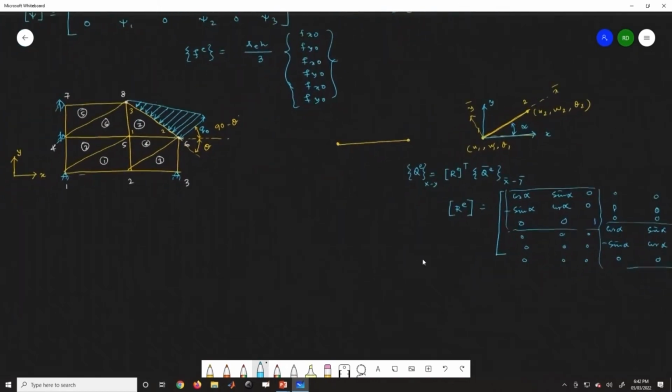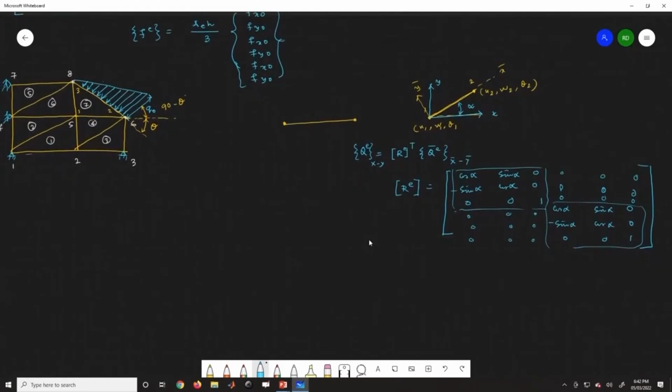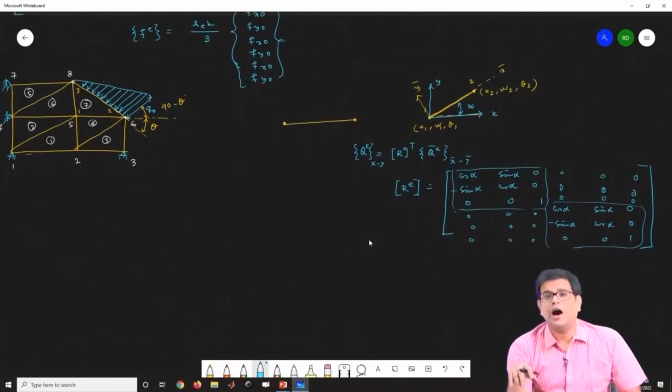Now here it is the same case, but here we don't have theta, because theta is essentially the rotation about the z direction. That means it doesn't change if the member angle changes with respect to the global xy, so that is why it is 1 here.